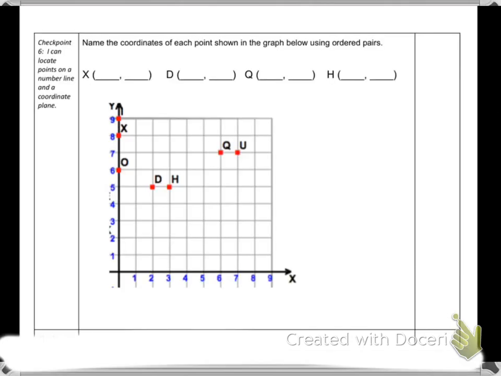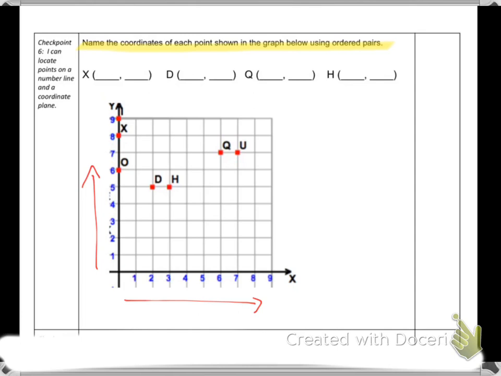The next skill, name the coordinates of each point shown in the graph using ordered pairs. This has been in warm-ups and homework as well. Remember, you're doing your x value first, or how far over is the point. Then you're doing your y value second, how far up is the point.